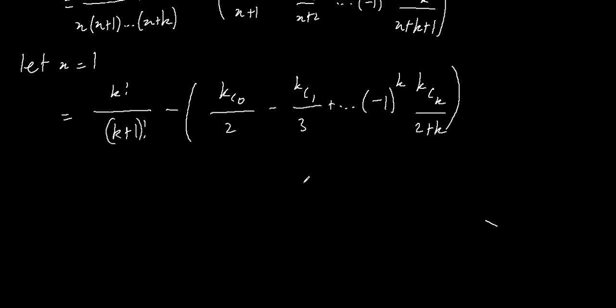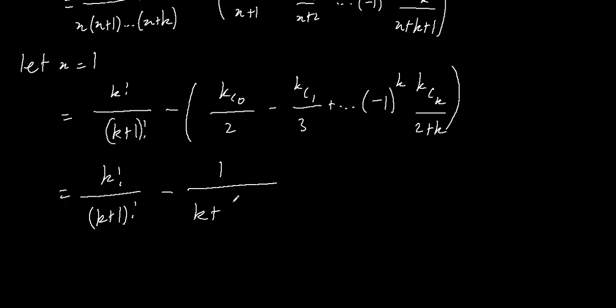Okay, that's cool. Where am I going with this? I am going to substitute right in. K factorial over k plus 1 factorial, minus, now this is 1 over k plus 1, k plus 2.